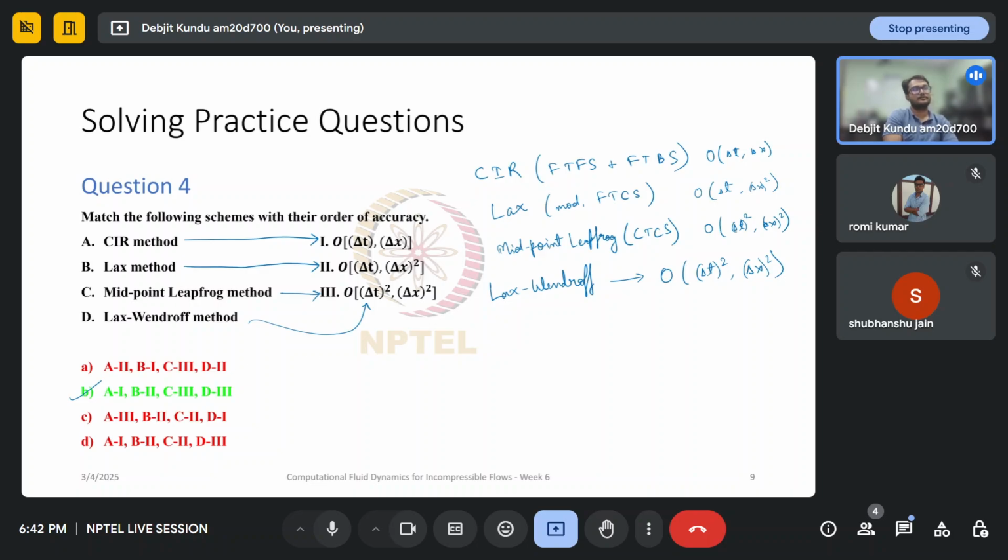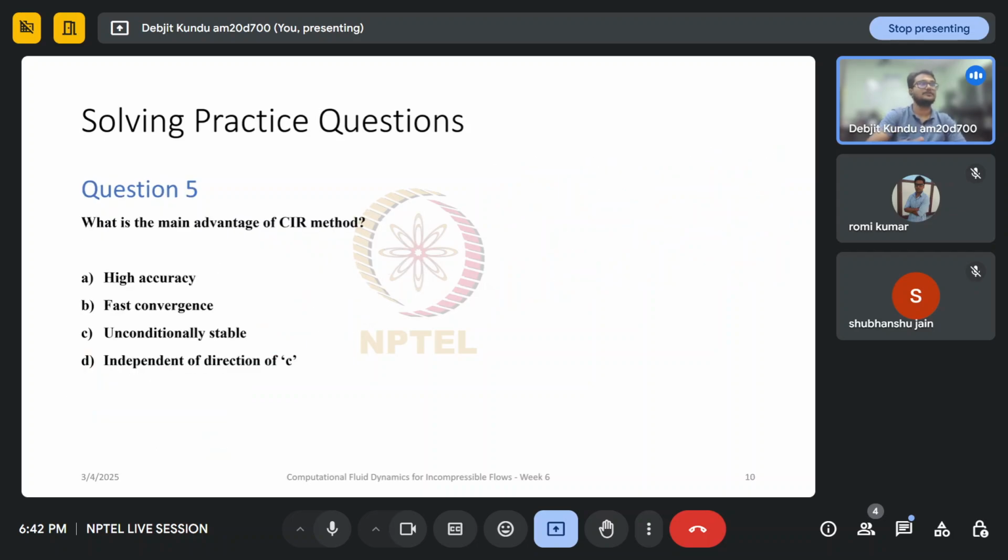So the correct order is A1, B2, C3, and D3 as well. Any questions on this? All right, if not, let's keep moving on.